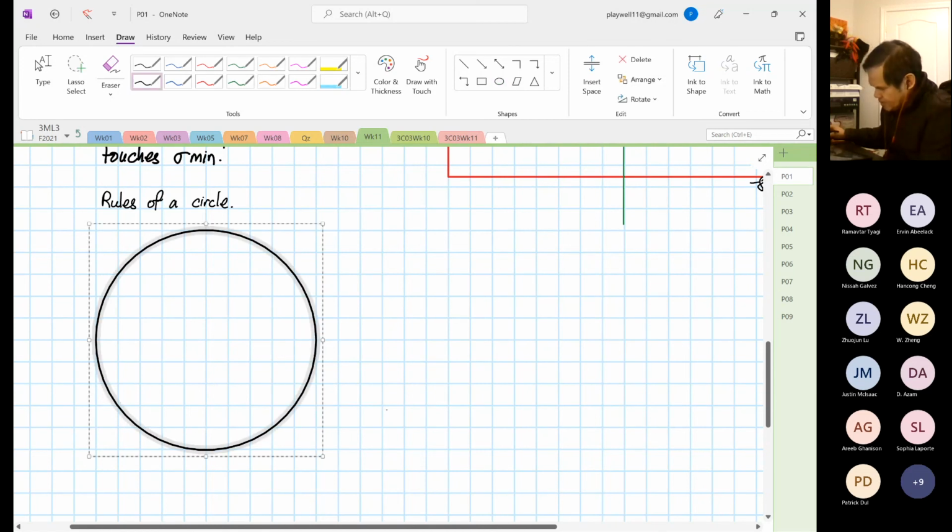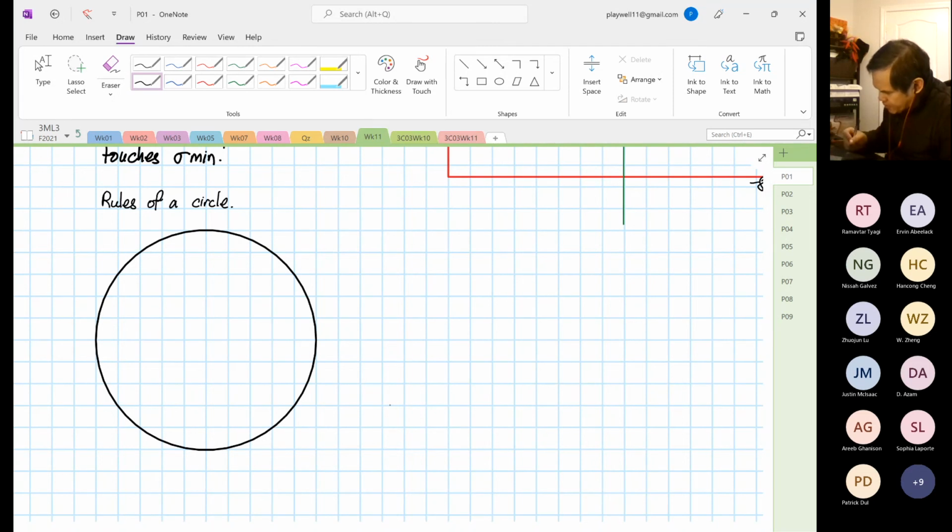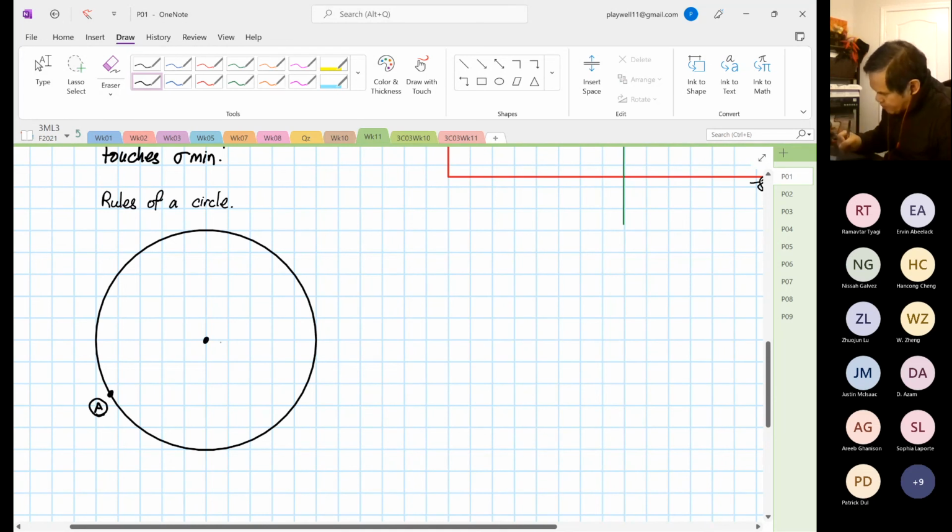So this is for the rules of the circle. You pick any 2 points. Let's say I pick 1 point here. I call this my point A, and we know that this is the center of the circle, which is our point O.